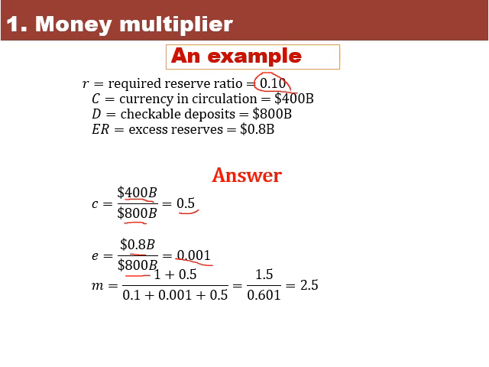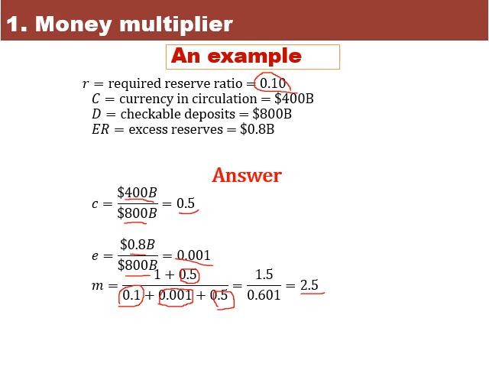So m equals 1 plus 0.5, which is the currency ratio, divided by 0.1, which represents the required reserve ratio as given in the example, plus 0.001, which is the excess reserve ratio, plus 0.5, which is the currency ratio, and then the value of the money multiplier equals 2.5.